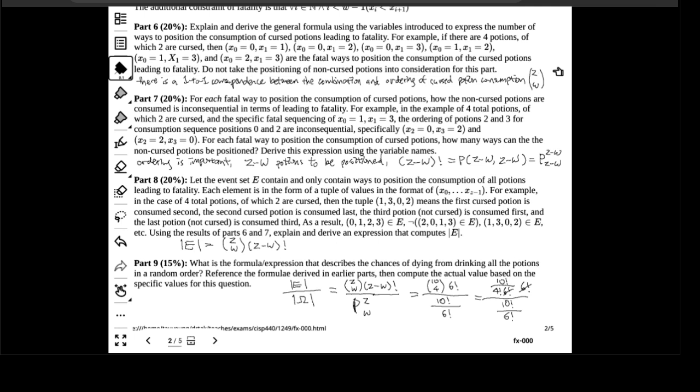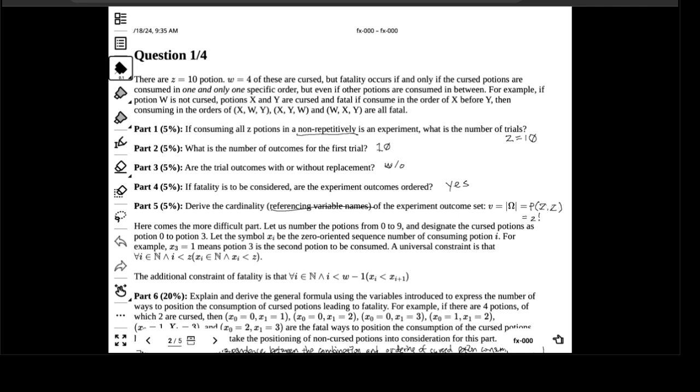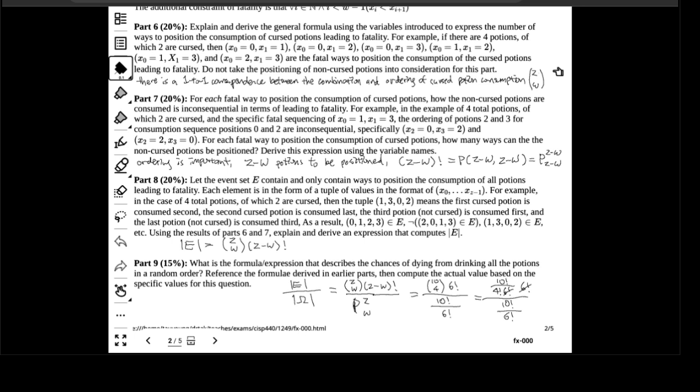And at the bottom, we have 10 factorial divided by 6 factorial, because that is the number of permutations of. Oh, no, no, no. Okay, I got that wrong. When we look at the answer to number five, it is Z choose Z. So I remembered incorrectly. So this is actually just 10 factorial itself without anything.